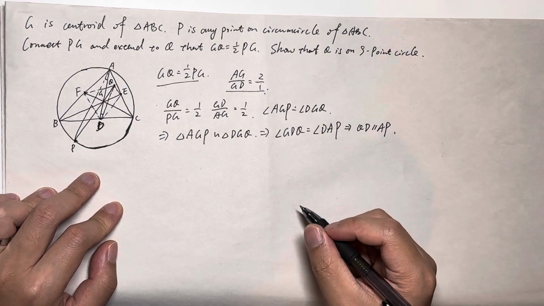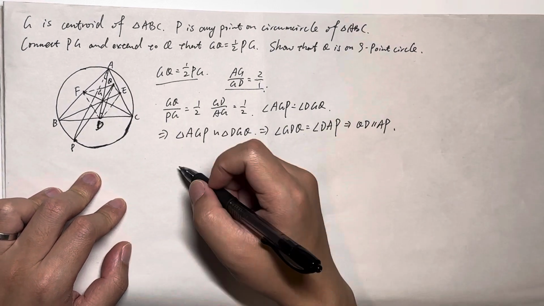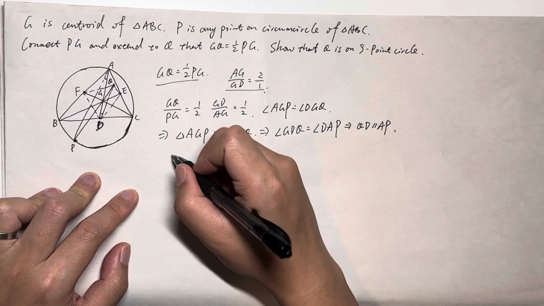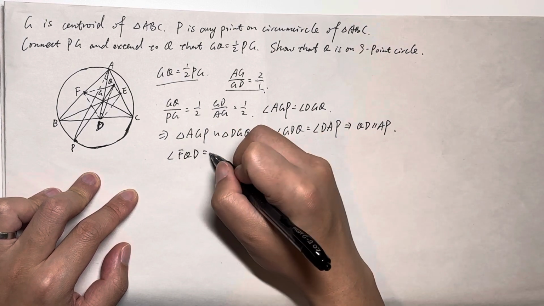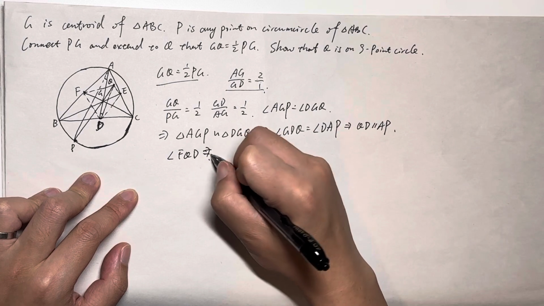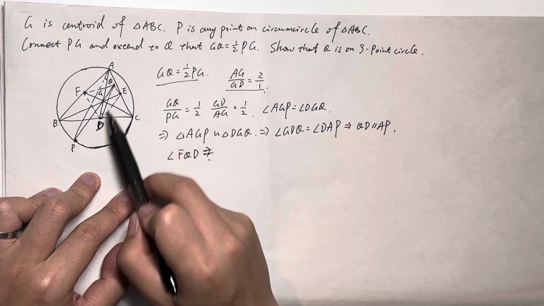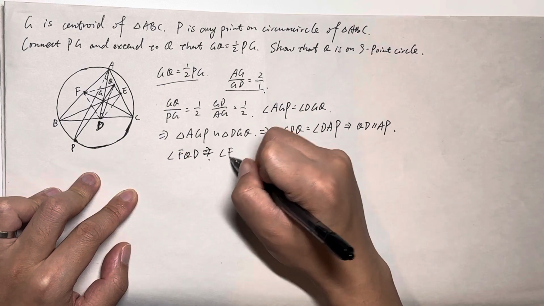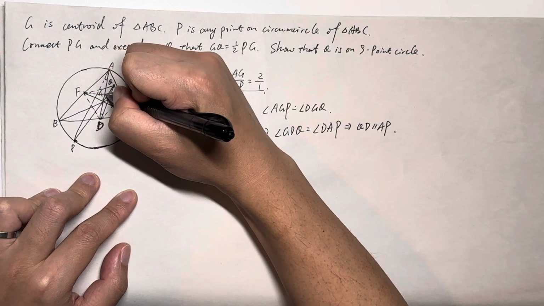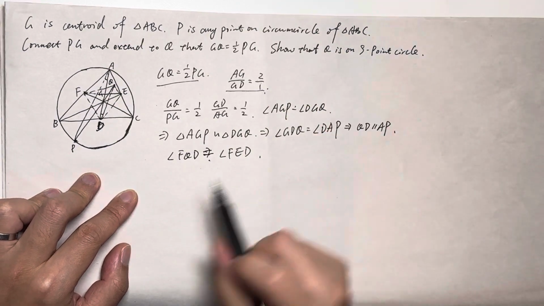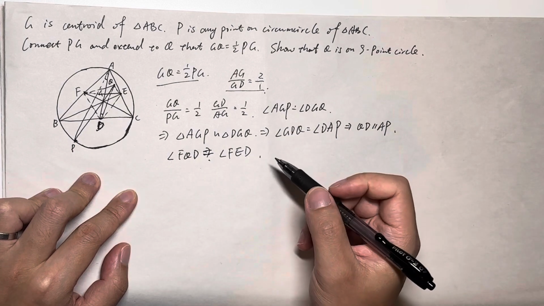To prove that it's cyclic, we just need to prove that angle FQD equals angle FED.